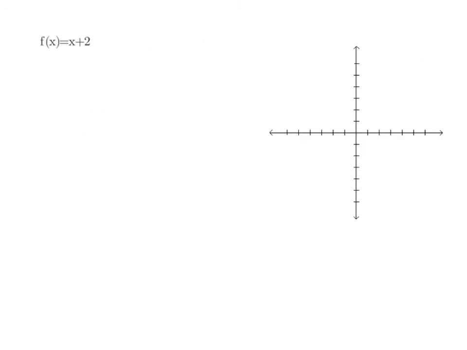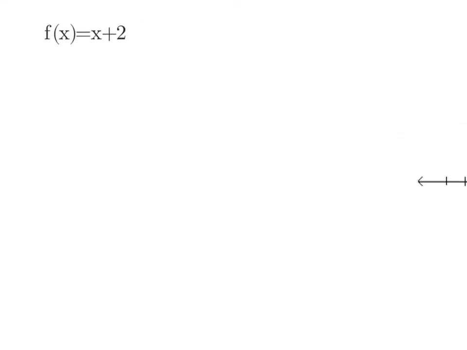Okay, so the first thing that we're going to do is we're going to go ahead and find the inverse function. So my first step is I want to replace f of x with y. We get y equals x plus 2. I'm going to switch my x and my y variables, so I'm going to rewrite this as x equals y plus 2.